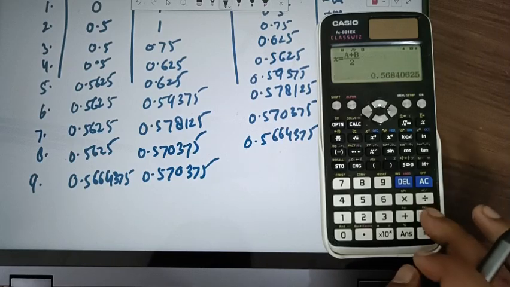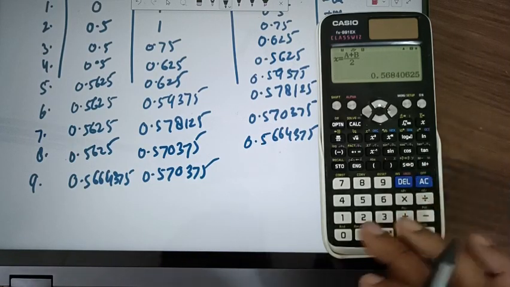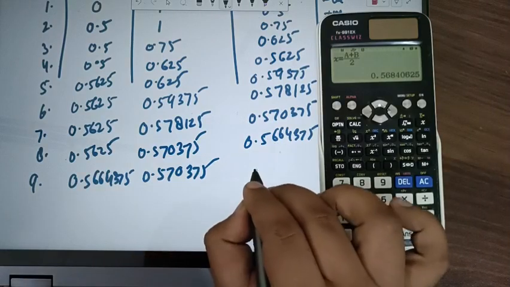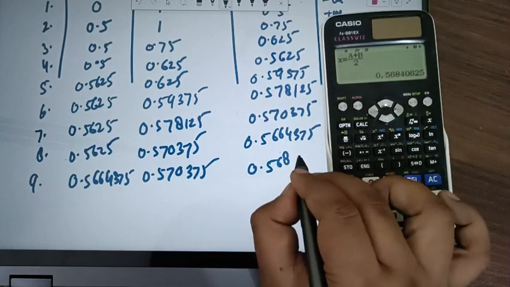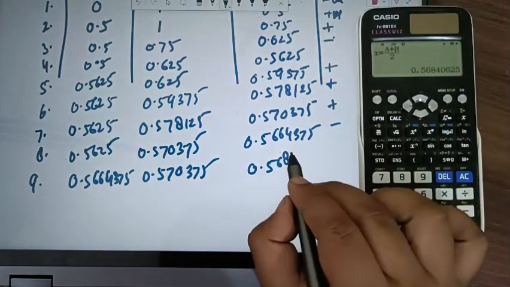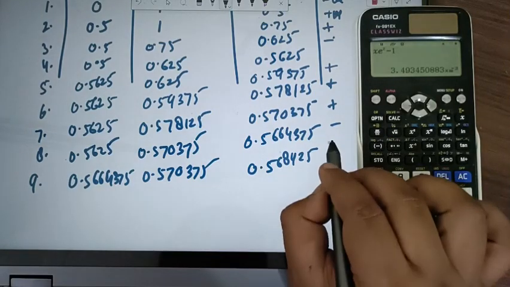The value of a is unchanged. Now the new value of x is 0.568425, then press equal. What about the sign? The sign is positive.